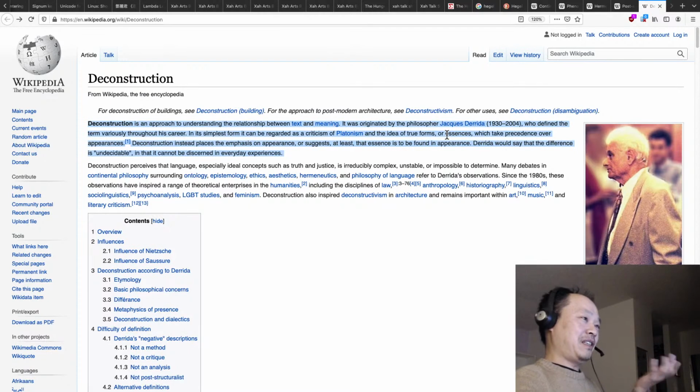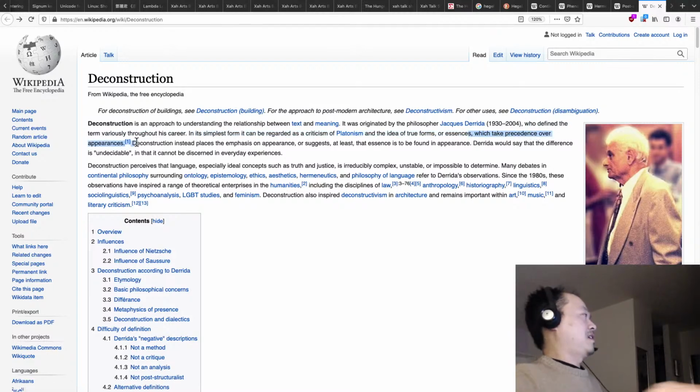This takes precedence over appearances. So in other words, he is saying, okay, your Platonism or science or whatever is based on physics, logic, math. That's all good, but those are not essence. Those are appearances, and the true form takes precedence over whatever your logic.